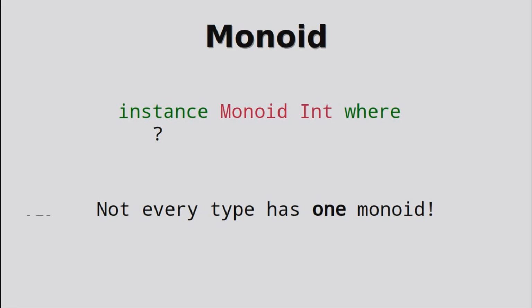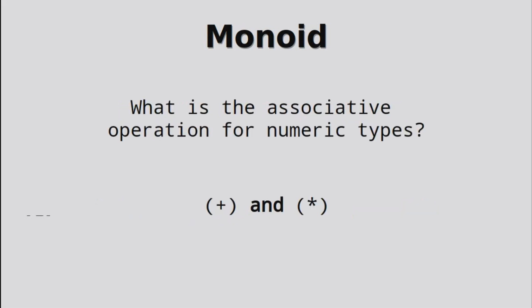And the one is highlighted for a very important reason here, because some types have more than one monoid. Some have none, of course, that's possible, but some have more than one, or more than one that is sensible. And that is the case with ints.